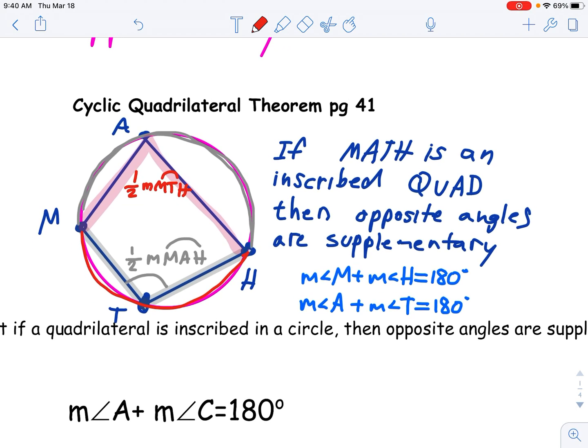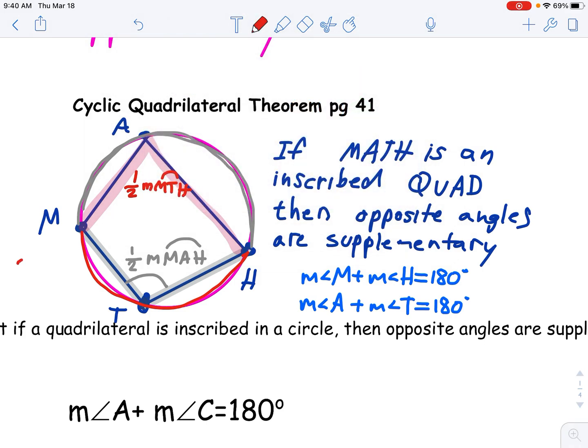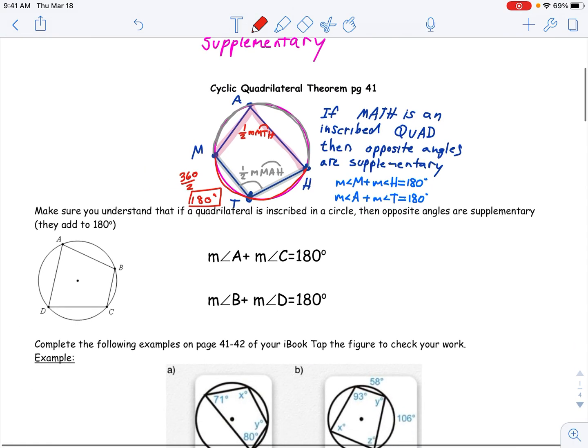So these inscribed angles are half of their intercepted arcs. Both arcs add up to 360, so it's really 360 divided by 2, and that's where the 180 comes from. These inscribed angles' intercepted arcs form the full circle, so that's why they're supplementary and add up to 180 degrees. And this is the punchline.